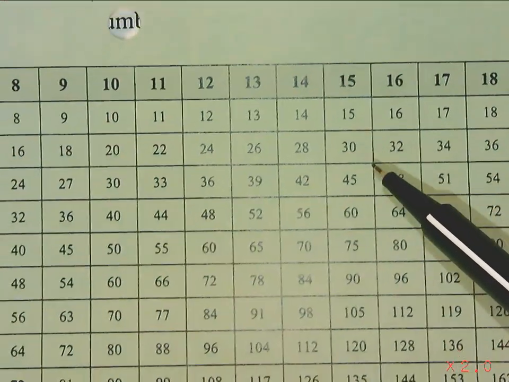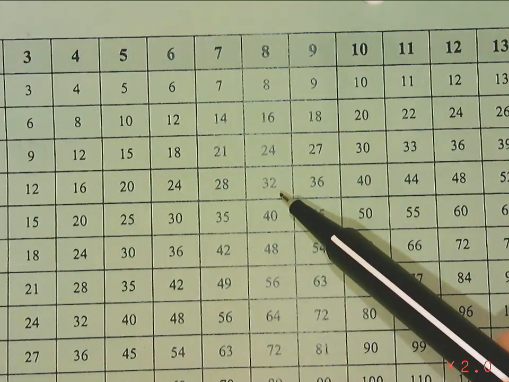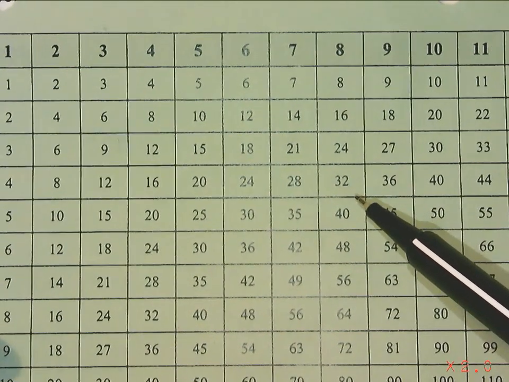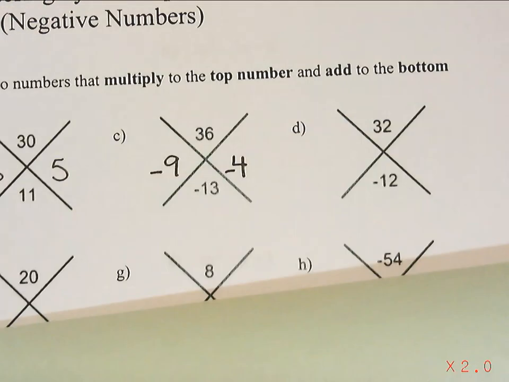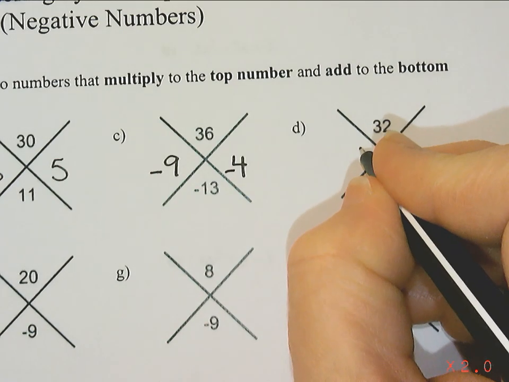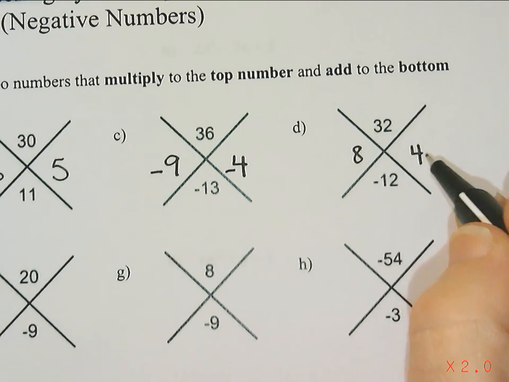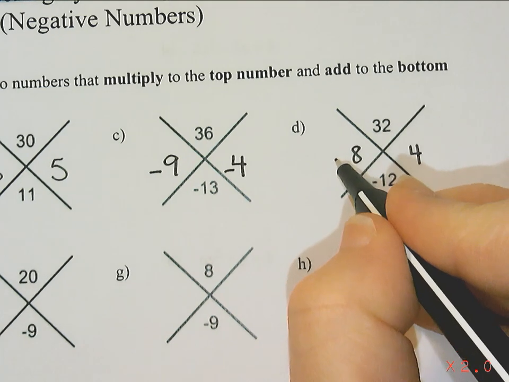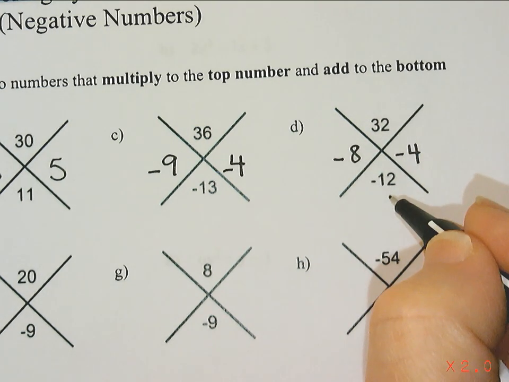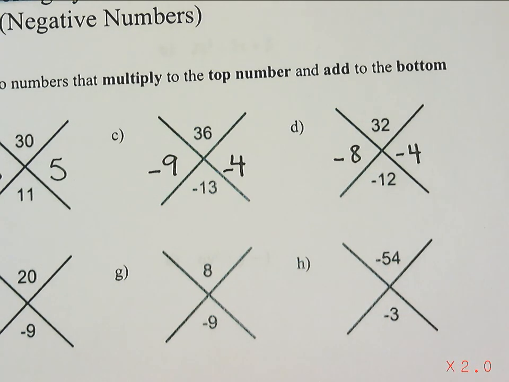All right, let's try another 32. Oh, I see one here. 8 and 4 would add to 12 and subtract to 4. We're looking for 12, so we're going to try 8 and 4. Now, in order for me to add them together and get a negative number, they would both have to be negative. Negative 8, negative 4 make negative 12. A negative times a negative makes a positive, so all of that works out.